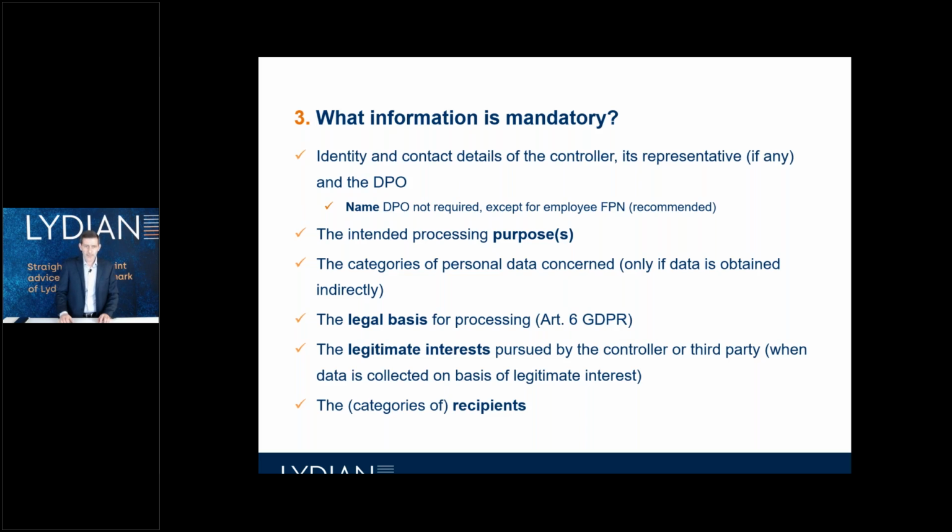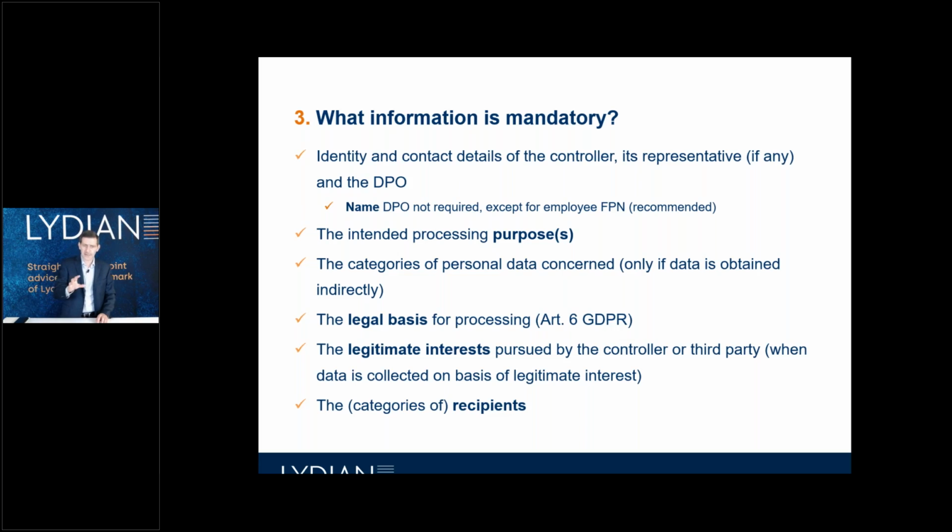You need to specify the purposes of the processing, which is of course one of the core elements of a fair processing notice. You need to specify the categories of personal data concerned, but this is an obligation that only applies when data is obtained via a third party, so not directly from the data subject.